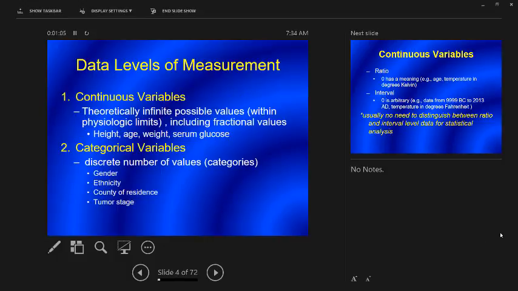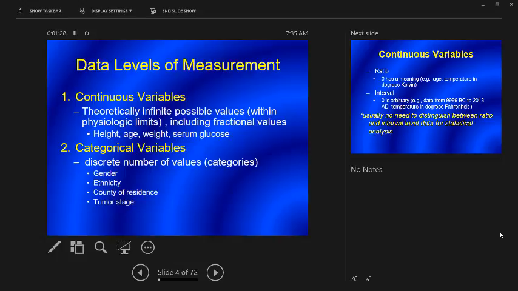So when you're dealing with continuous variables, you have a variable that can fall anywhere on a continuum, hence the name continuous. For example, any kind of lab values like serum glucose, your anthropometrics like height and weight, can be theoretically anywhere from 0 to infinity, although of course there's physiological boundaries as to what's possible.